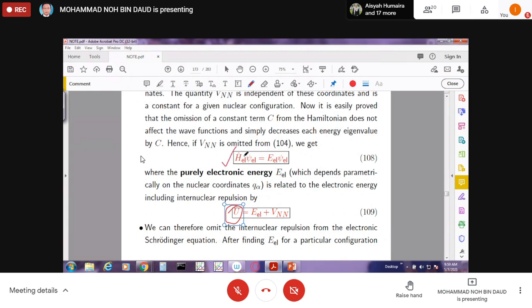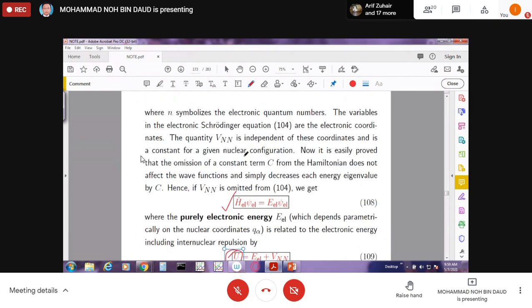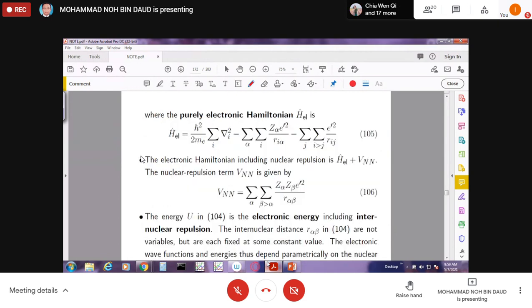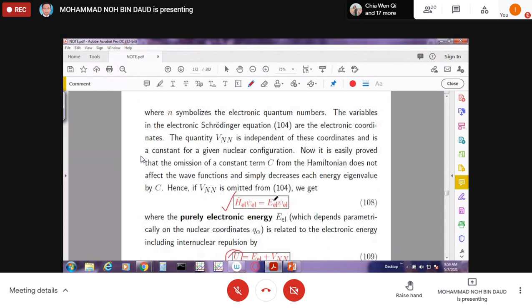We need to solve the pure electronic part, to get the pure electronic energy.